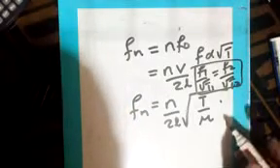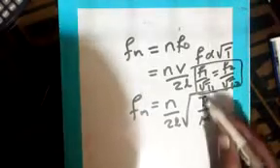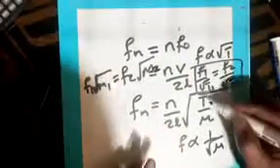But what if tension is constant and mu is not constant? That means F is inversely proportional to the square root of what? Mu. If this is the case, we're going to get F1 times the square root of mu 1 equals F2 times the square root of mu 2. But what if mu and T are constant but L is not constant?